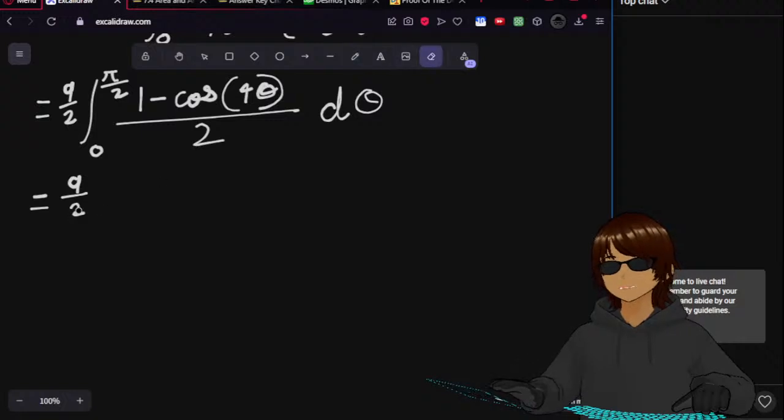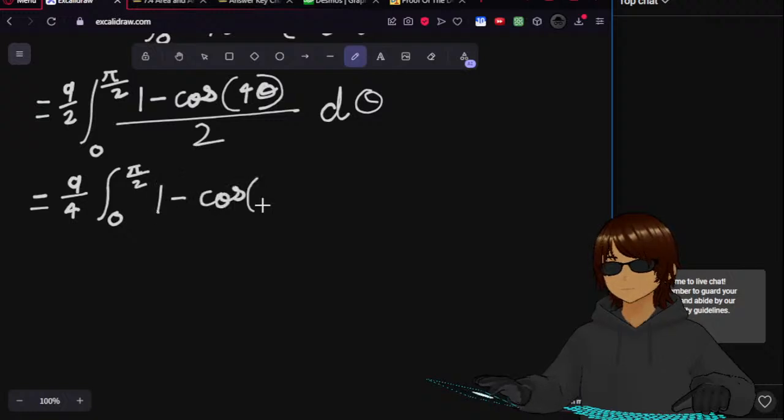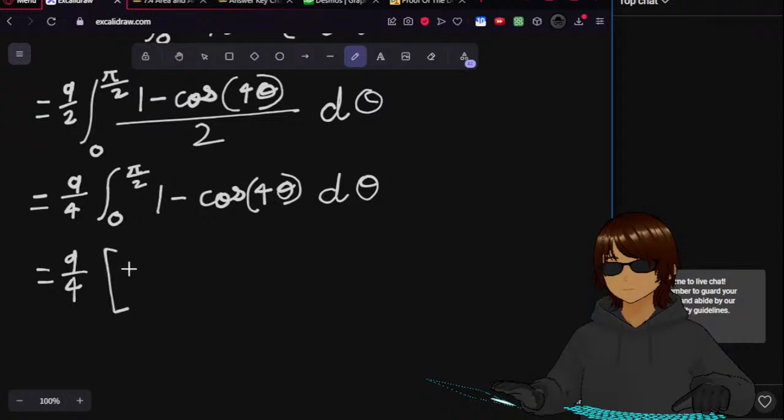So take the half out, we are left with 9 over 4. I guess the derivative of sine is cos.